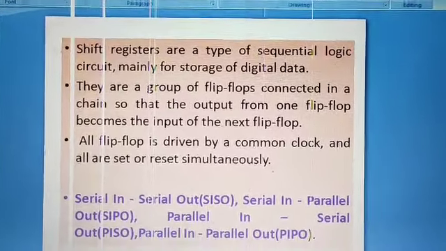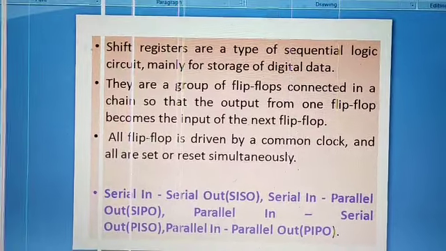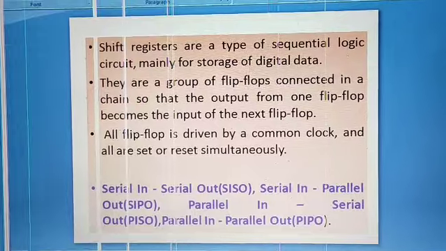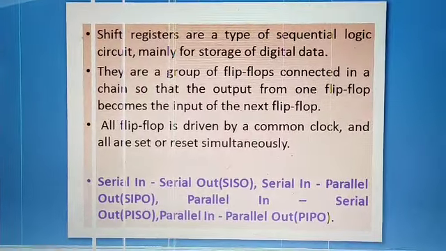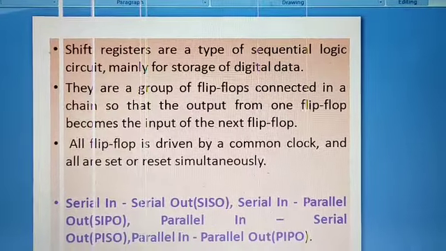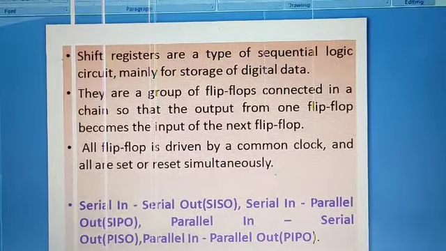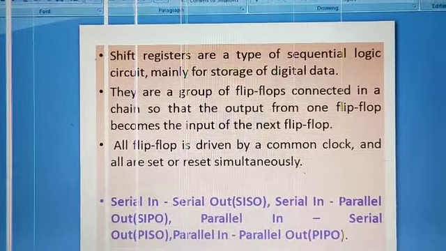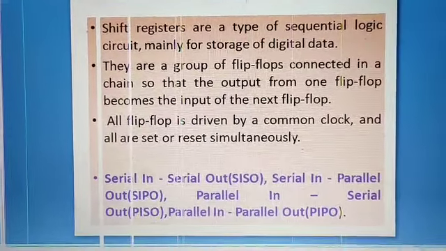Several flip-flops are connected in a chain. The output of one flip-flop is connected to the input of the next flip-flop, and it goes on. You can call it a synchronous logic circuit because all the flip-flops are fed from the same clock signal.